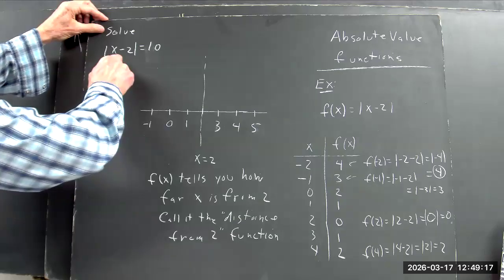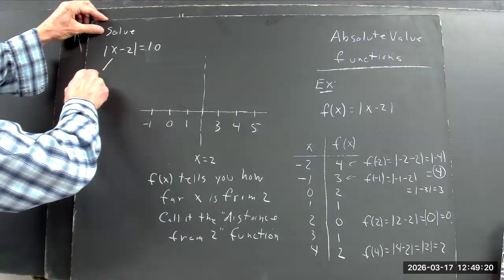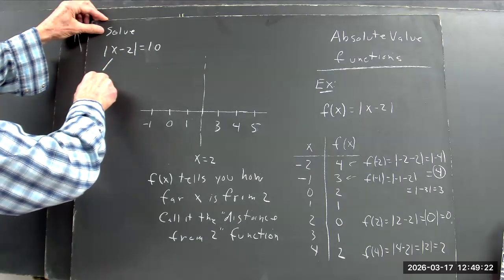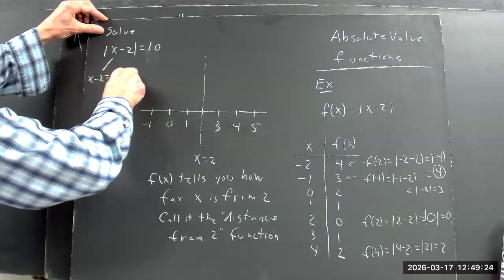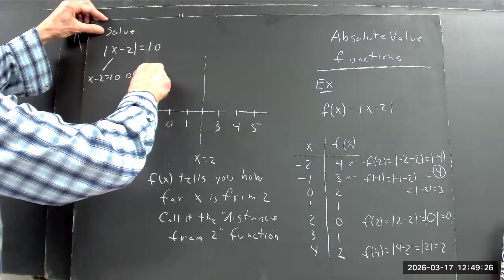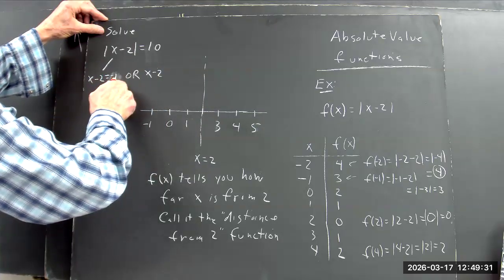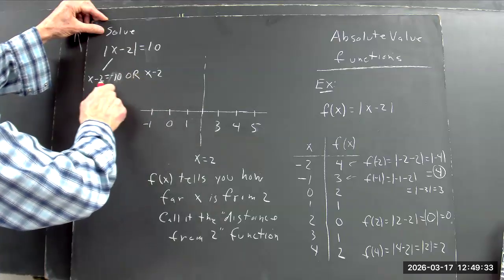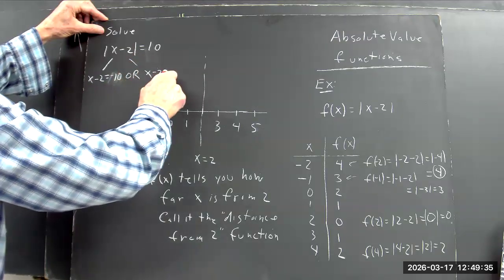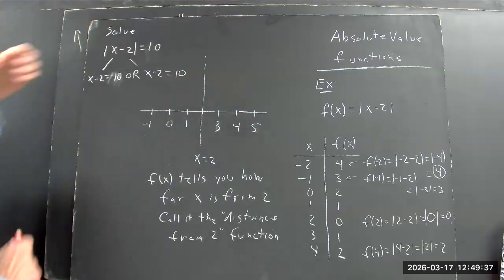But the way you want to formalize it, because equations are not always this simple, is you want to say x minus 2 equals 10, or x minus 2, well, actually, I want to do -10. Okay, x minus 2 is -10, or x minus 2 equals 10.